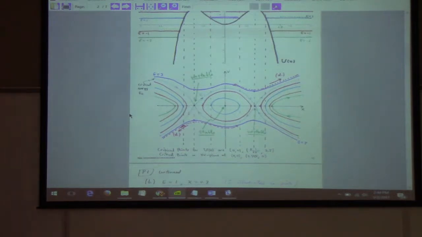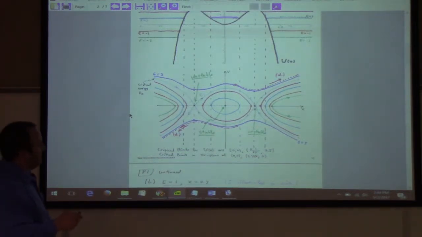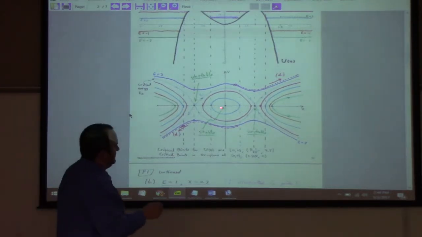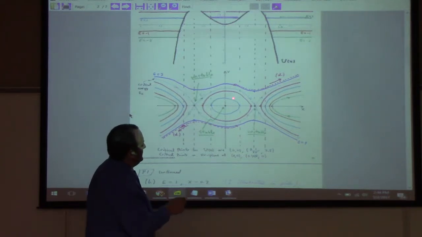All right, so these are different energy levels. I asked you some particular questions about energy 1, which is the blue one. So what if you start at 0.3? If you start at 0.3, that means you're either here or there on this energy level curve, which means you're either going like that or you're going like that.